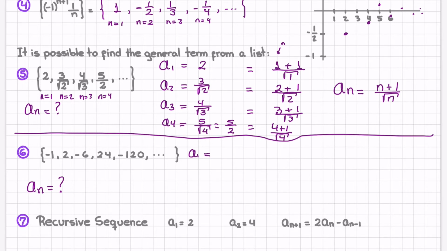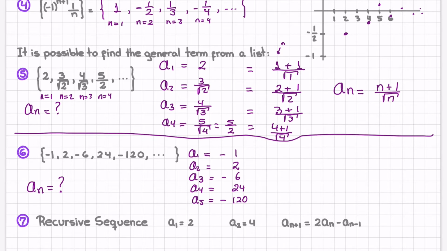So let's do A1. A1 is negative 1. Just negative 1. A2 is 2. A3 is negative 6. A4 is 24. A5 is negative 120.